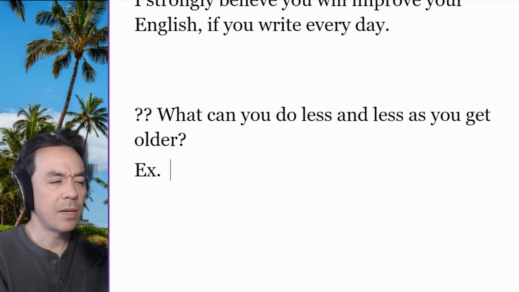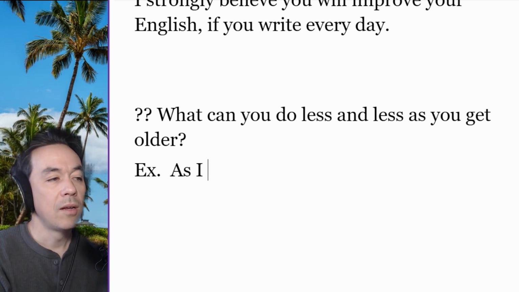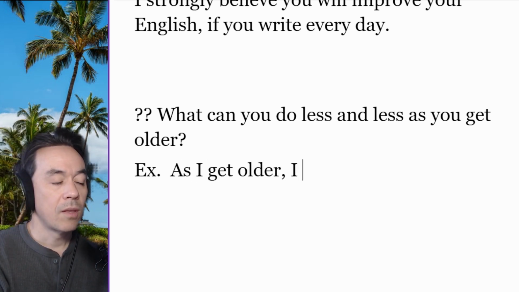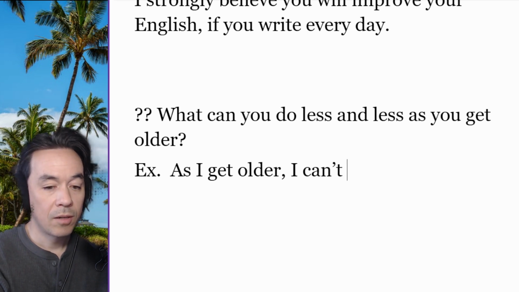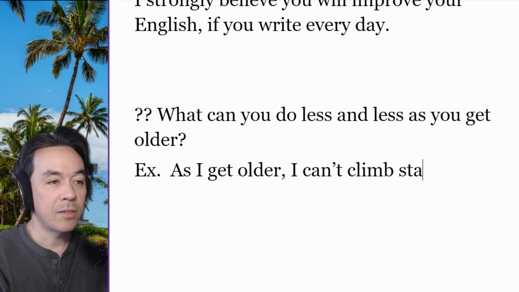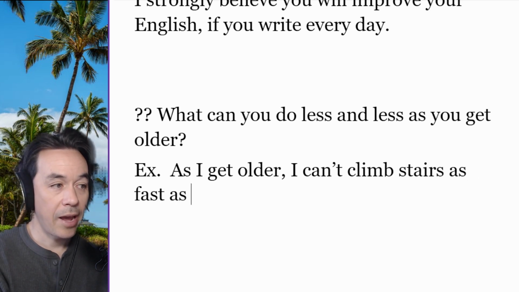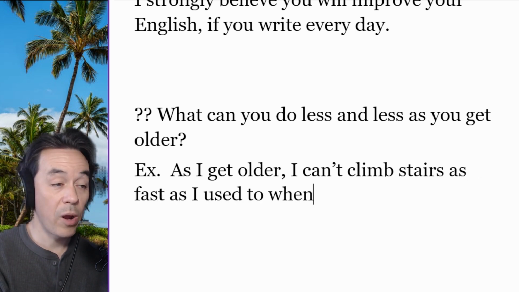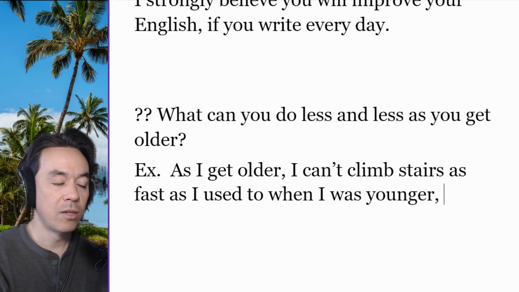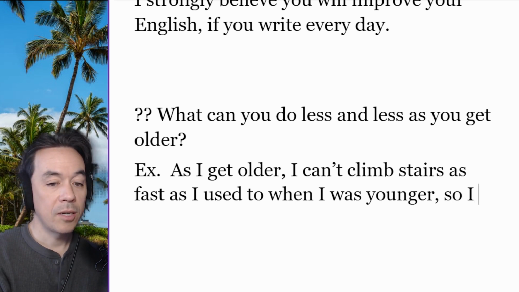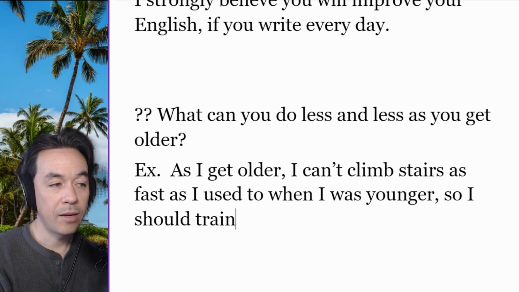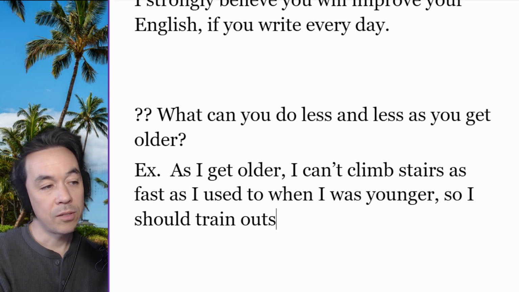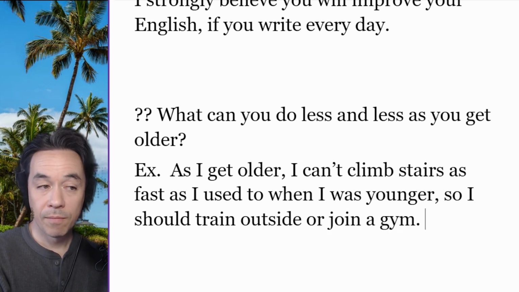Okay, so an example might be: as I get older, I can't climb stairs as fast as I used to when I was younger. So I should train outside or join a gym.